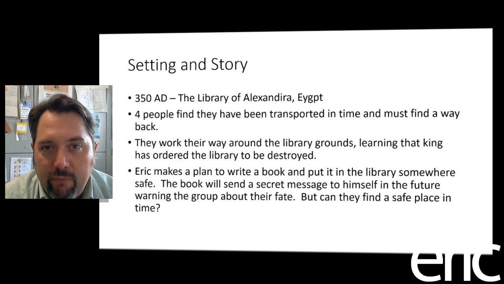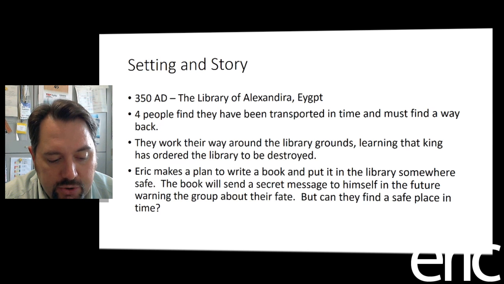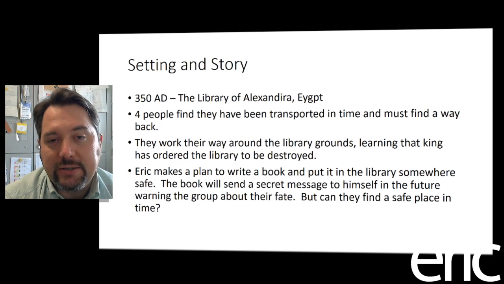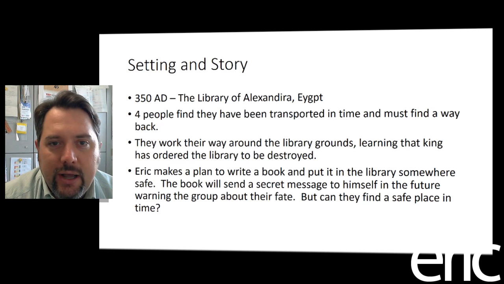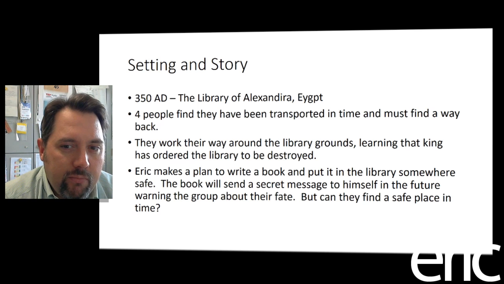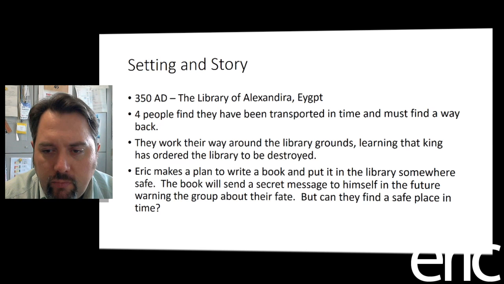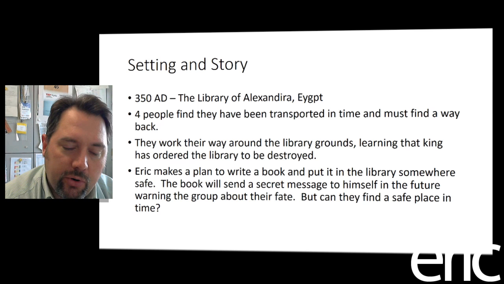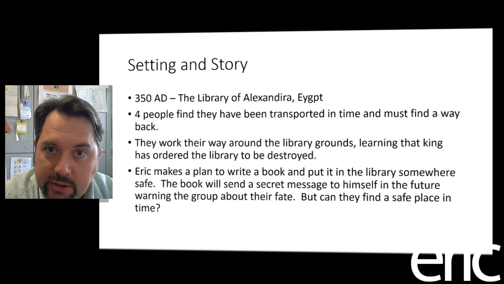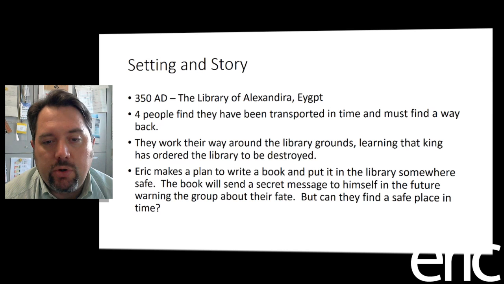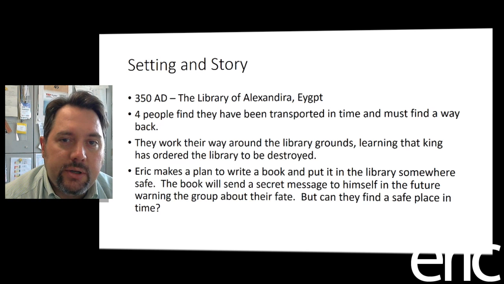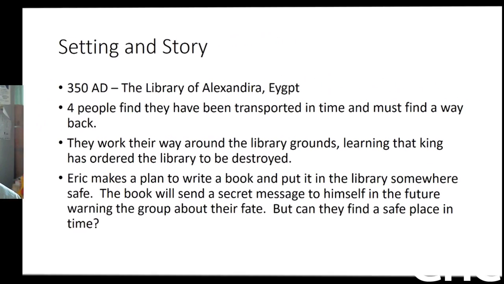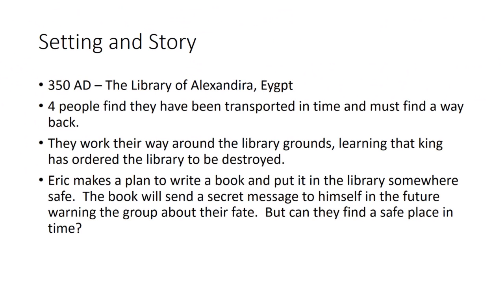So our four characters, Eric, Yumi, June, and Cindy, have been transported back in time. We don't know why or how, and they have the predicament of trying to find their way back to the future. So they have to work their way around the library grounds, learning that the emperor of Egypt has ordered the library destroyed, or at least most of the books in the library, because he fears the uprising of a new religion.